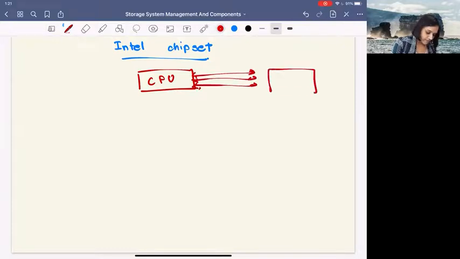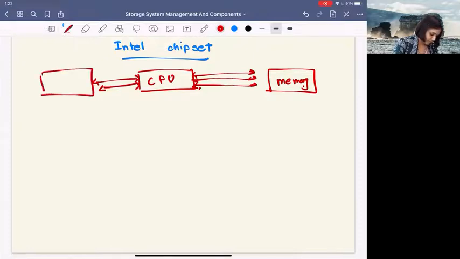Then it has memory on its memory interconnection. The CPU is connected to a graphics processing unit, GPU, over a general I/O bus, something like PCIe.